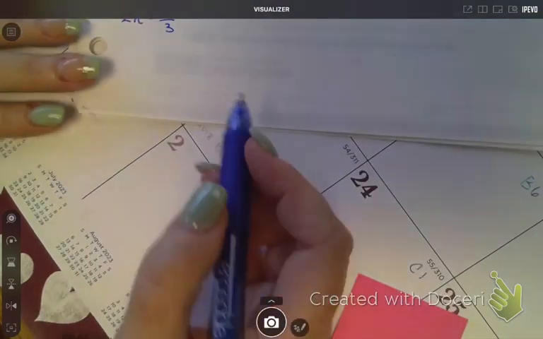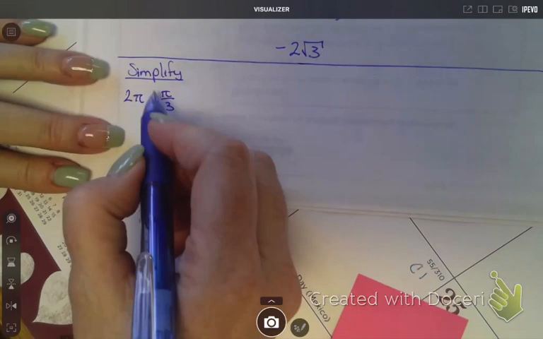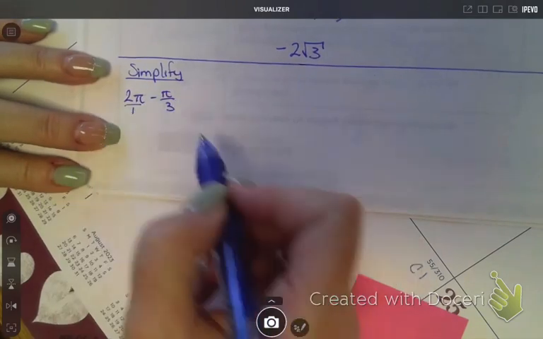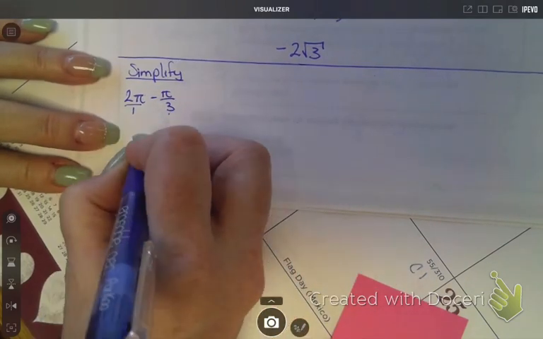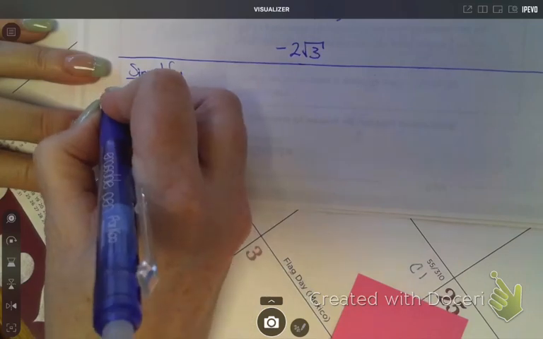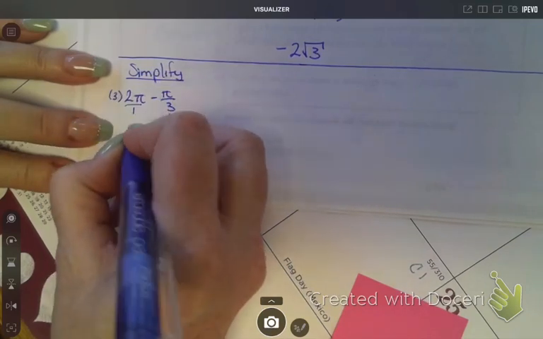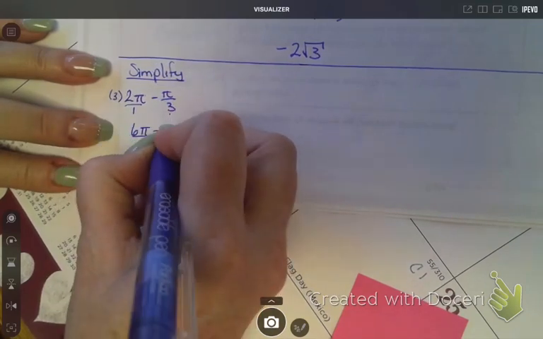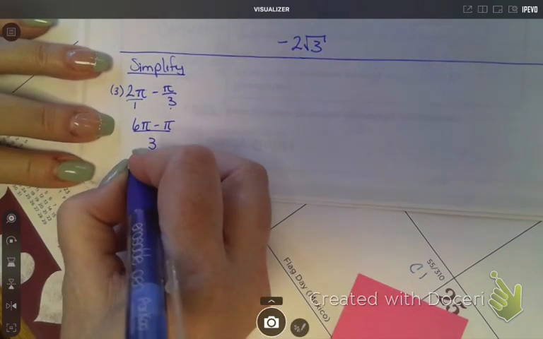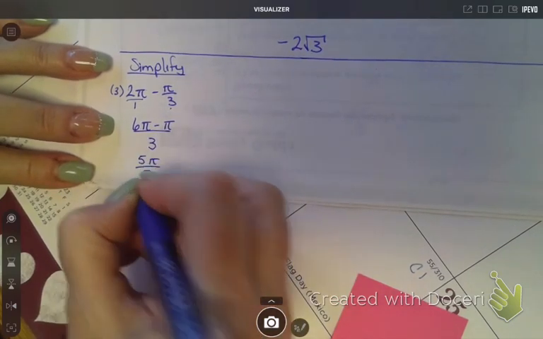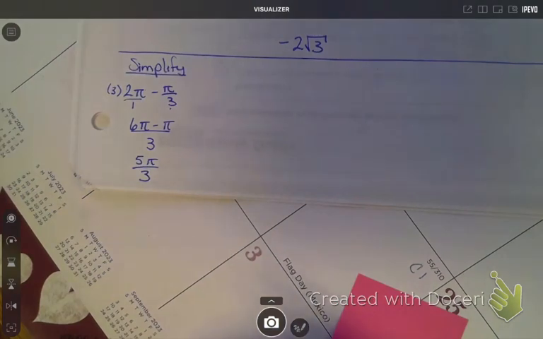So I just have to get common denominators. So this is over 1 now, so it needs to be over 3. So I just have to multiply this by 3. So that gives me 6 pi minus pi, which would be 5 pi over 3. So just remember the common denominators.